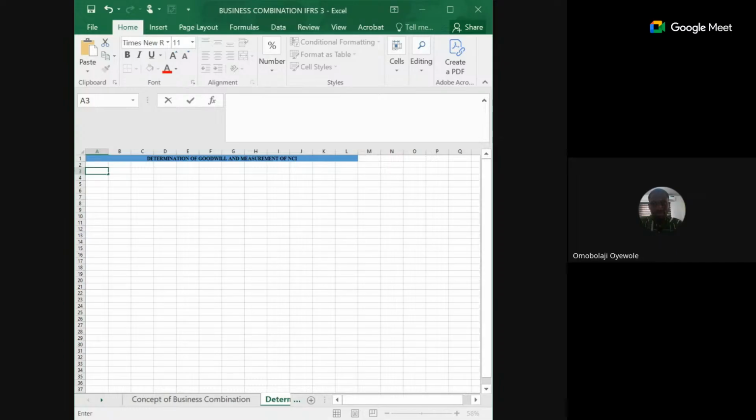Let me see. That depends if your laptop can do split screen. Let me see if my laptop can split the screen. If you can do it, it should be from the right edge of that Excel.